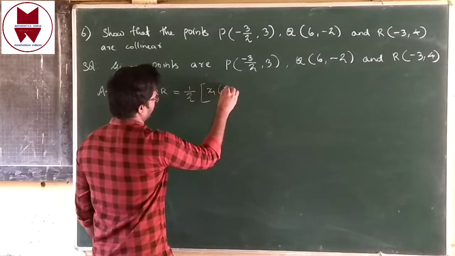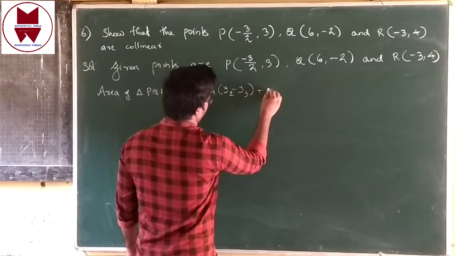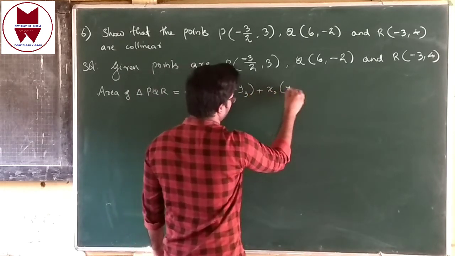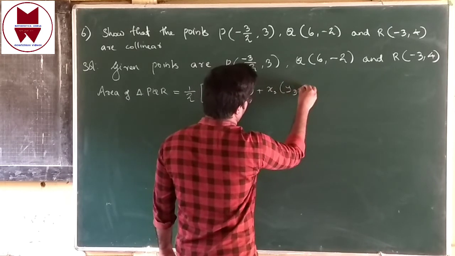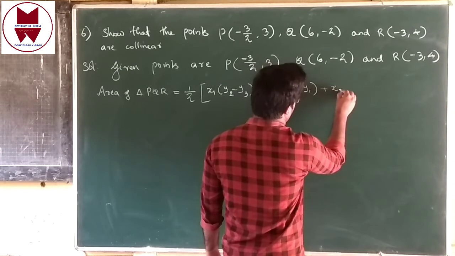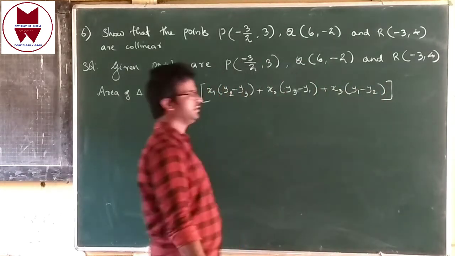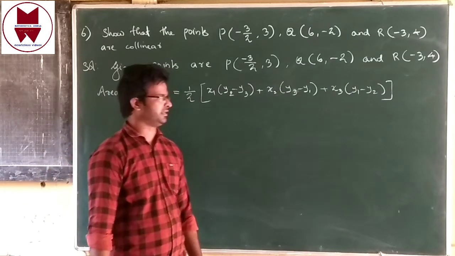x1 y2 minus y3, x2 y3 minus y1, x3 y1 minus y2. This is the formula for area of triangle.